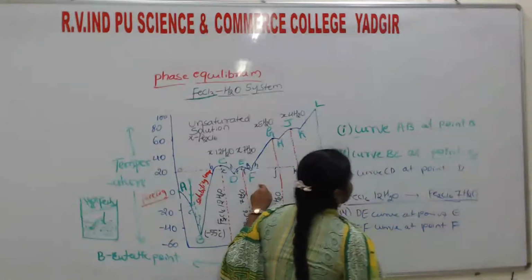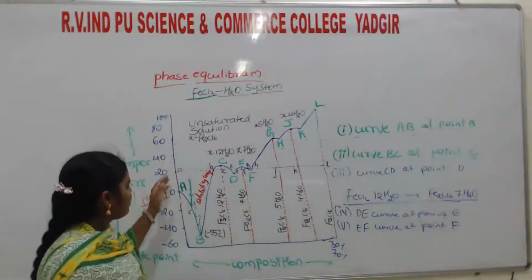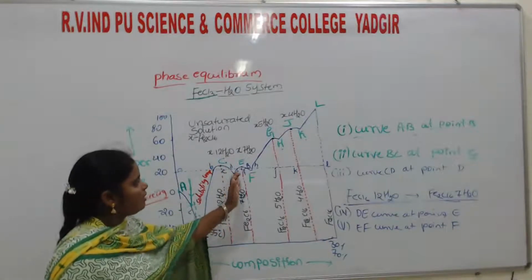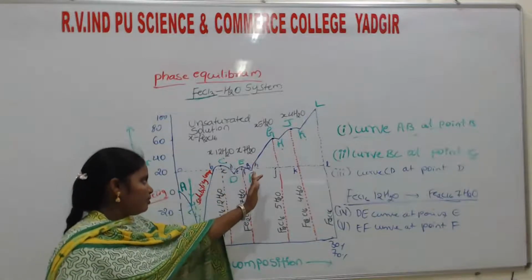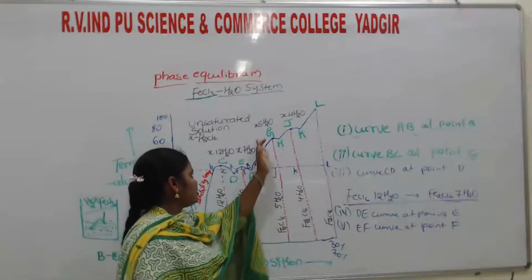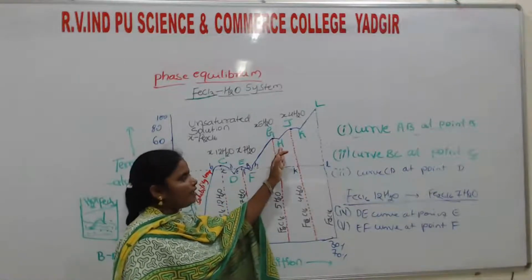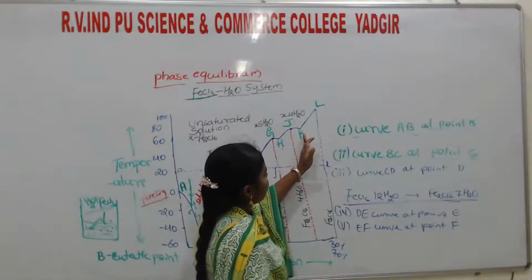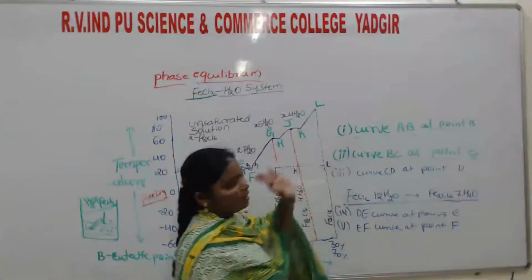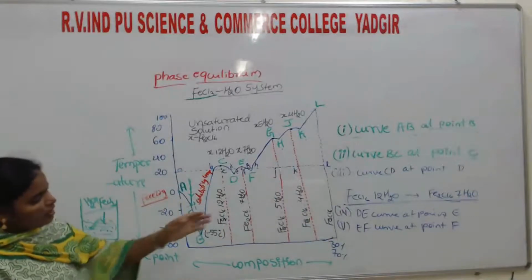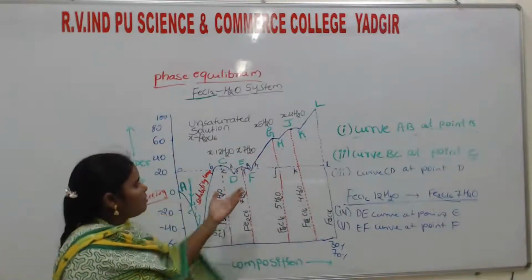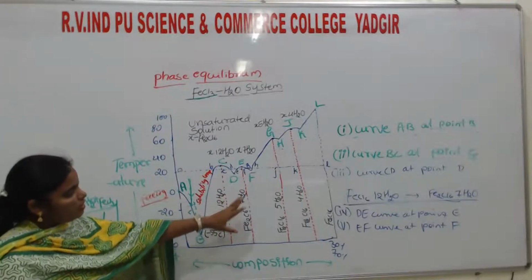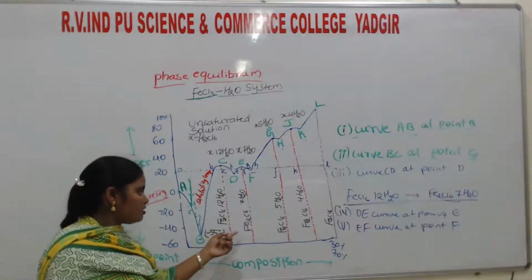You write down the same for curve AB, point B; curve BC, point C; curve CD, point D; DE, point E; EF, point F; FG, point G; GH, point H; HJ, point J; JK, point K; KL, point L. You have to write the curves with similar structure and similar explanation, but the formation changes.